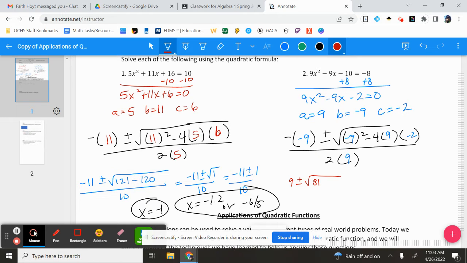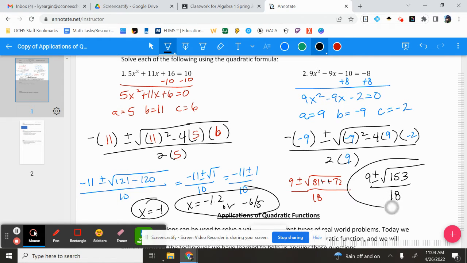36 times negative 2 gives me a negative 72. And that's going to be divided by 18, 9 times 2. Okay, this becomes a keep, change. So I get 9 plus or minus the square root of 153 over 18.